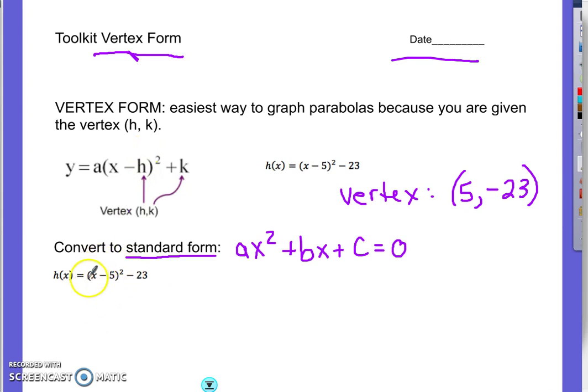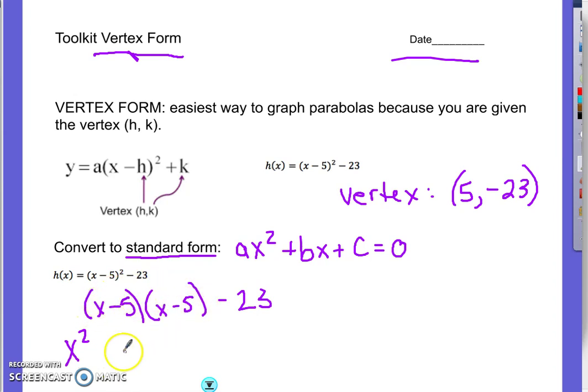We need to distribute this, so write it twice. We need to distribute, and then at the end we'll just subtract 23. Okay, we'll just keep that on the end until after we've distributed. So x times x is x squared, but this is the box method or FOIL.